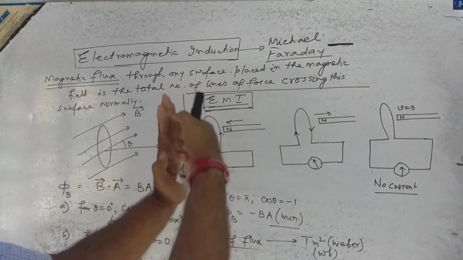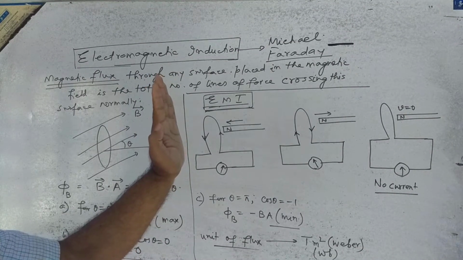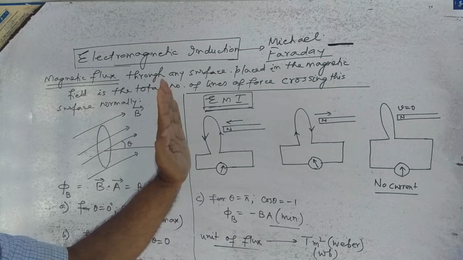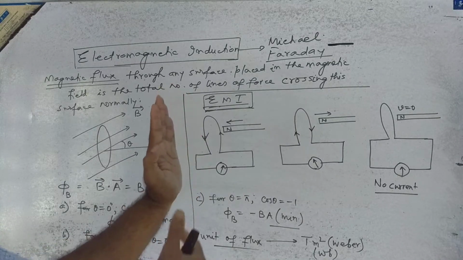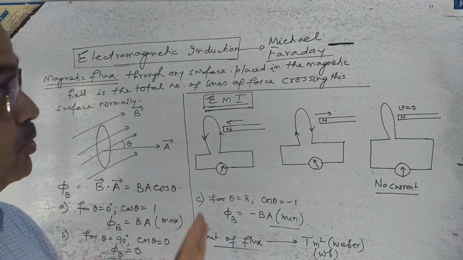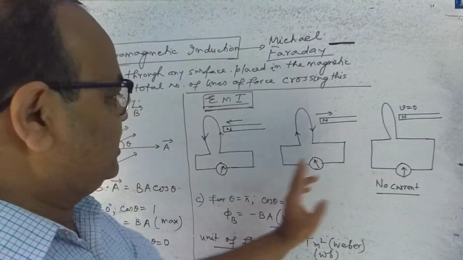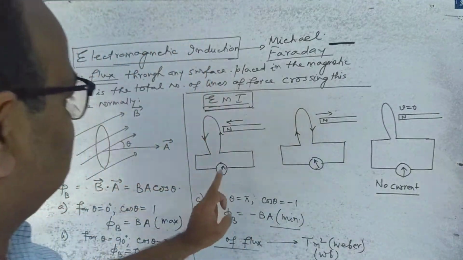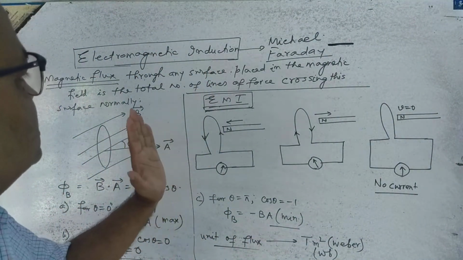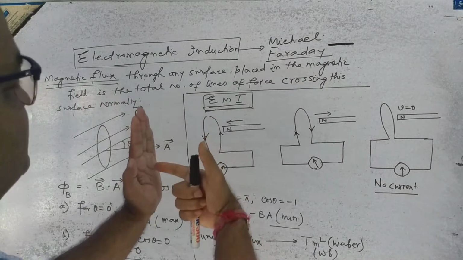Just see my palm. This palm is actually the orientation of this closed coil or closed loop, and it is connected to a galvanometer. There is no cell in this circuit, only the galvanometer.